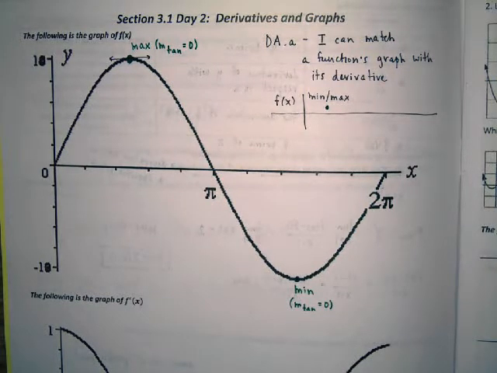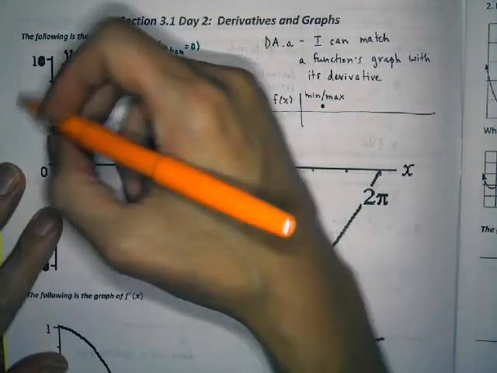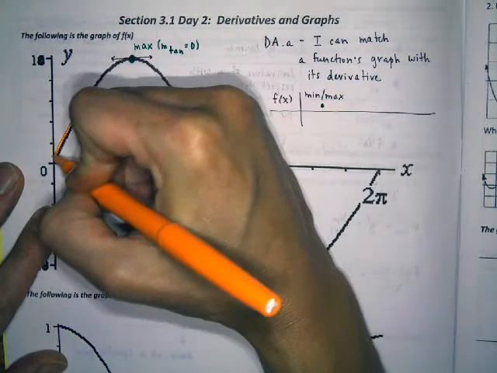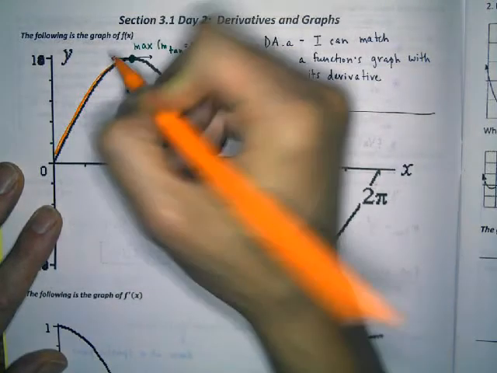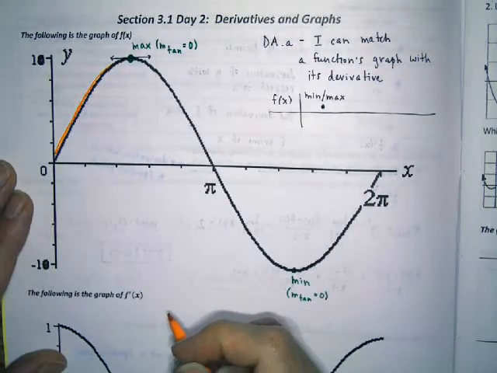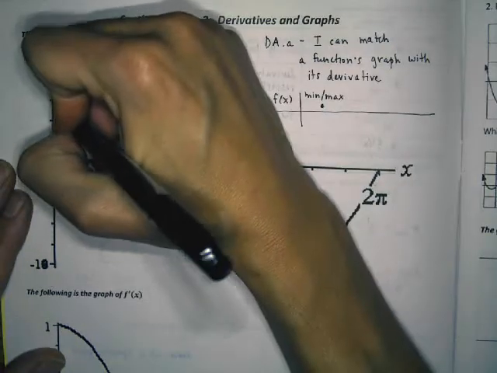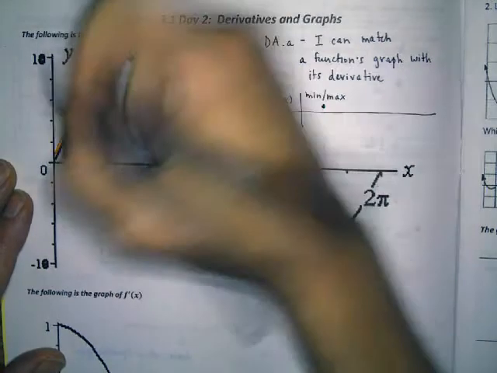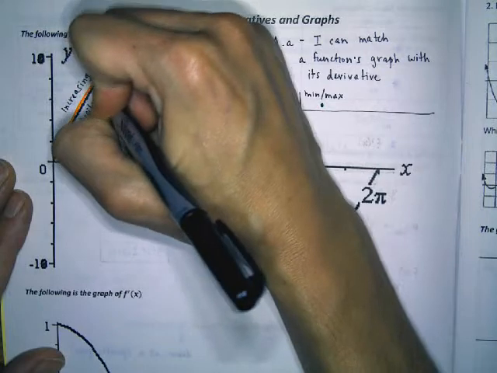I'm going to look over this interval here that I'm going to code in orange. And I notice that on this portion of the graph that I'm going to trace out, my curve is increasing. I'll write this in black. So I'm increasing, or in other words, I have a positive slope on that interval.